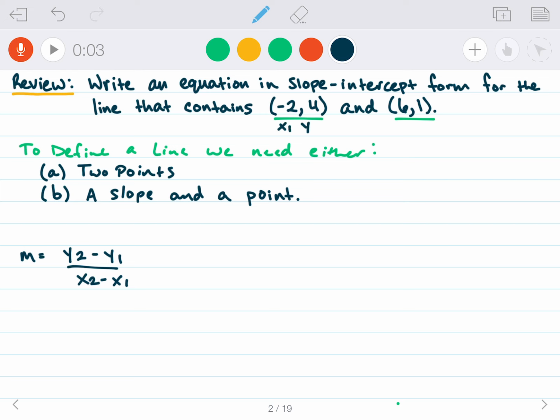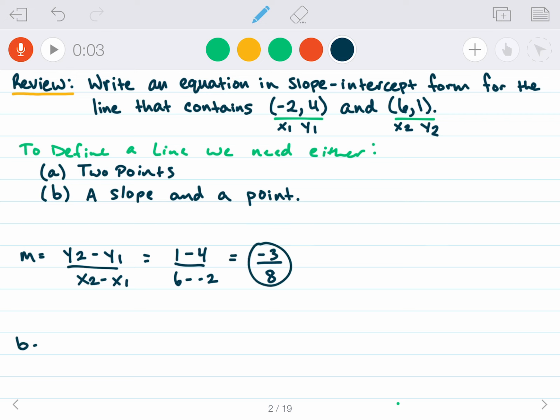But here's x1, y1, here's x2, y2. So using our formula, just plugging in these values, we get 1 minus 4 over 6 minus -2. So on top we're going to get -3. On bottom this becomes 6 plus 2, which is 8. So our slope is -3 over 8.